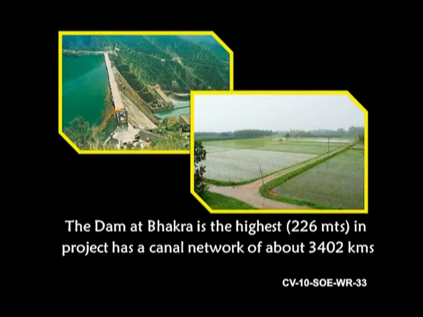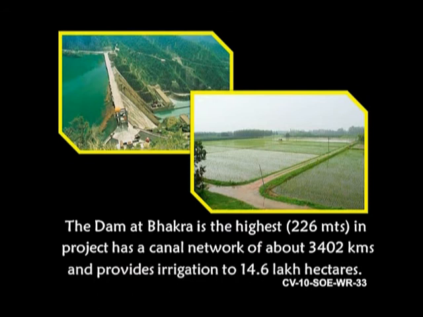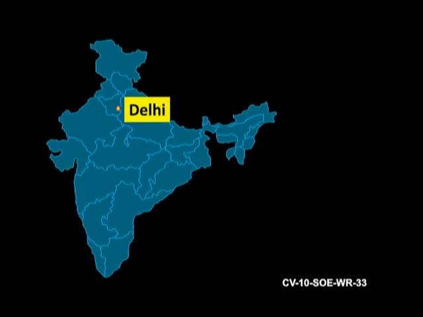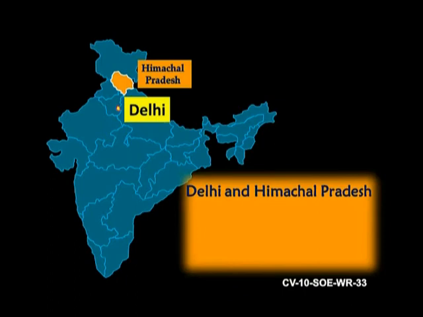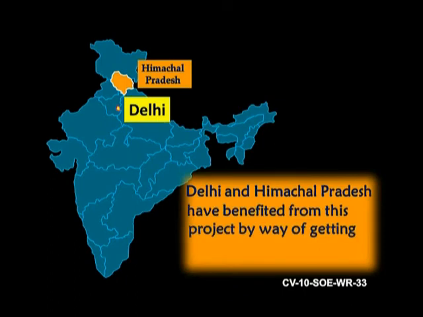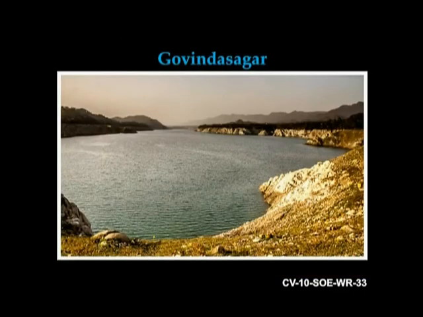This project has a canal network of about 3,402 kilometers and provides irrigation to 14.6 lakh hectares. Delhi and Himachal Pradesh have benefited from this project by way of getting irrigation and hydroelectric power. The reservoir created by this dam is called Govinda Sagar.